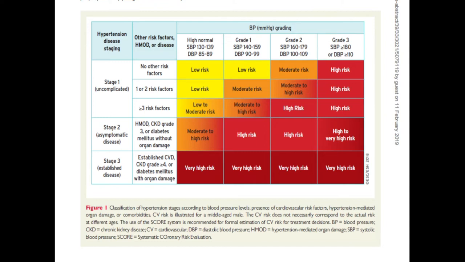In stage 2, asymptomatic disease. In high normal arterial pressure, we establish moderate or high risk because chronic kidney disease grade 3, or diabetes mellitus is present without organ damage, or hypertension-mediated organ damage.